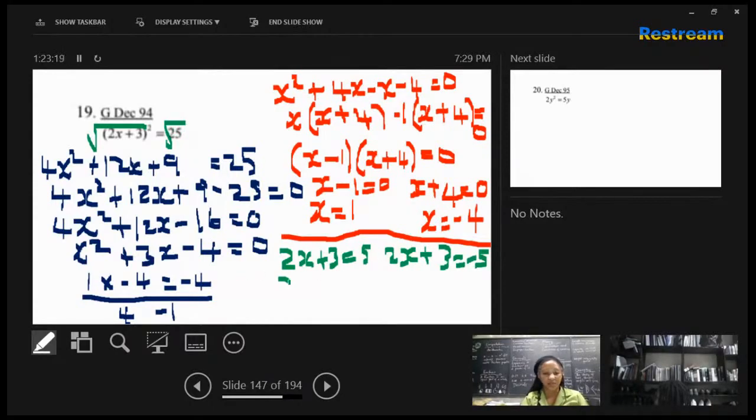All right, so this would give us 2x equal 5 minus 3, which is 2. So x will be 1, and 2x equal negative 5 minus 3, which is negative 8. So x will be negative 4.